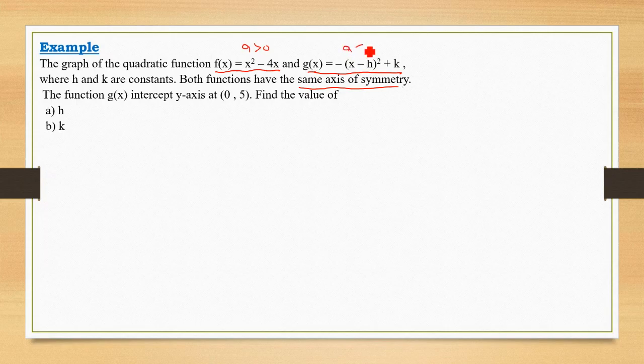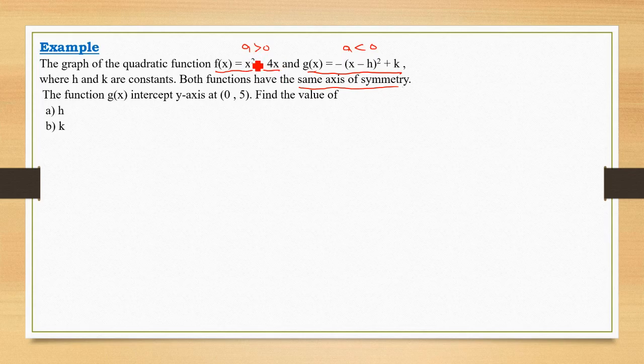This is A less than 0 because there's a negative, so this is a maximum point. But their axes of symmetry are the same. So can you find what H stands for? It must be related to this, because it will be the same as the value for the axis of symmetry here.